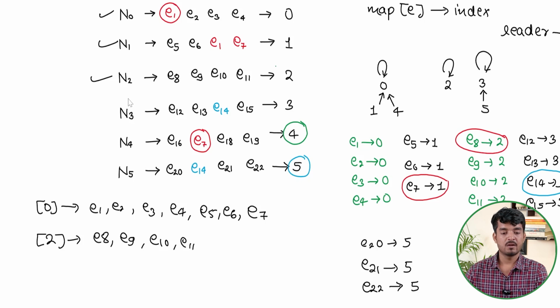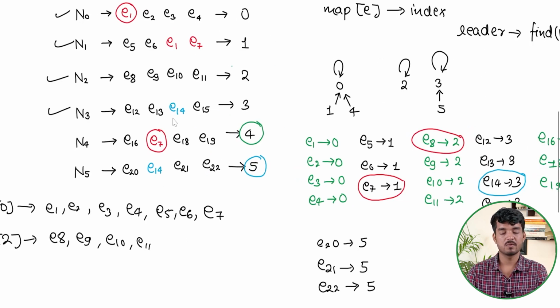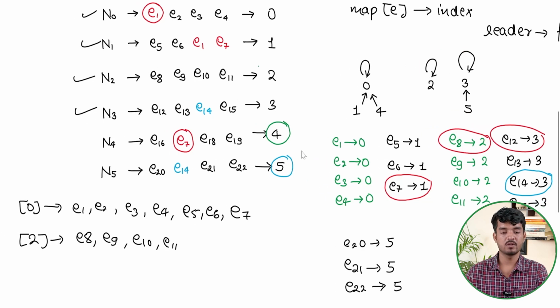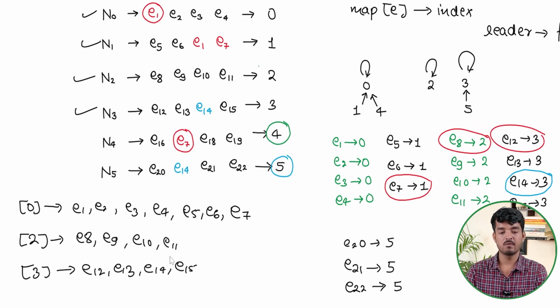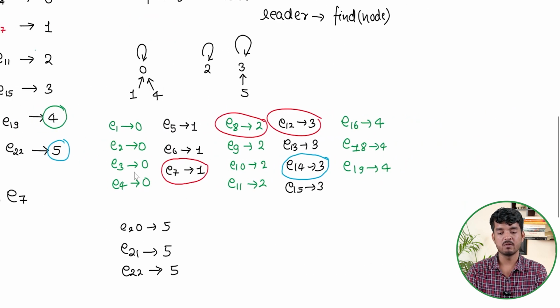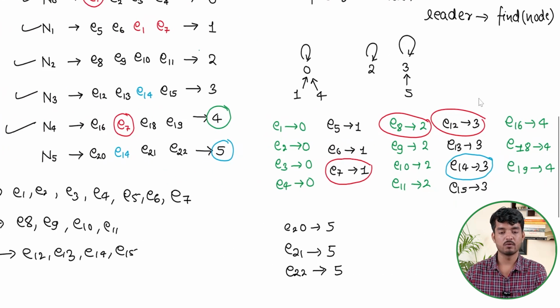And then N3, this account. First I got E12. For E12, the owner is 3, which basically means this component, and 3 is the leader of this component. So with the key 3, I will add E12, E13, E14, E15. All right. Then the next account, E16, and for E16, the owner is 4. That means this component, and then I will find the leader of this component.